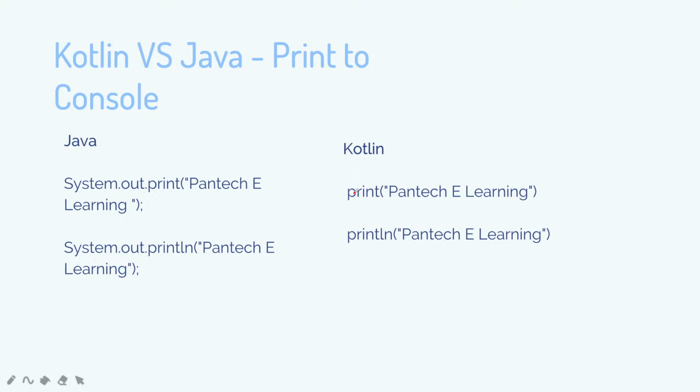Here we have a print console statement for the Java and Kotlin languages. If you want to print any statement with Java, we need to use System.out.println and PANTECH e-learning. If you are from a computer science department, you will easily do this using Java, but if you are not familiar with computer science, you need to focus on the Kotlin language only.